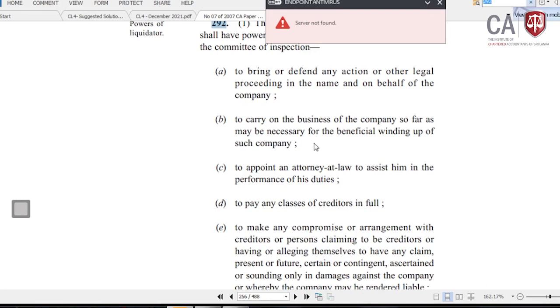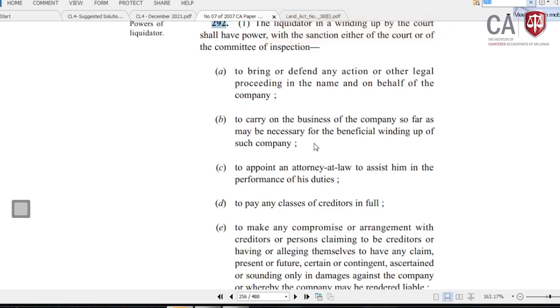Convert the semi-finished goods into finished goods and then sell them, because you can sell it at a higher price than selling as semi-finished goods, because you can charge more when you sell them as finished goods. In that case, to carry on the business of the company so far as may be necessary for the beneficial winding up of the company.